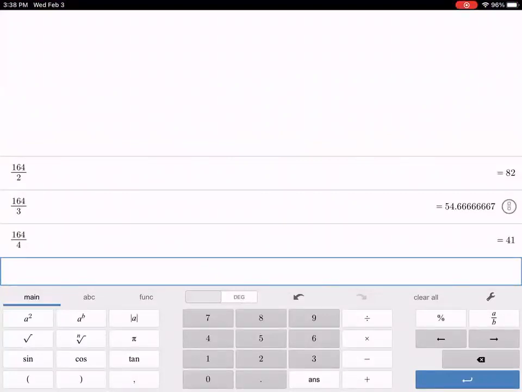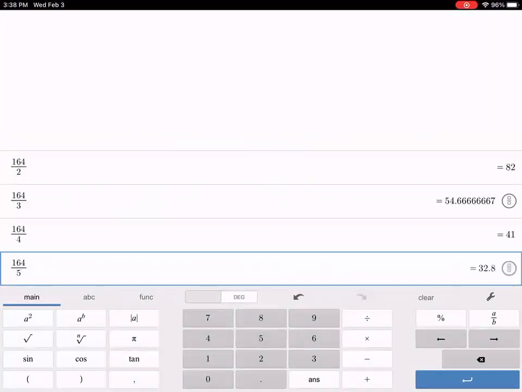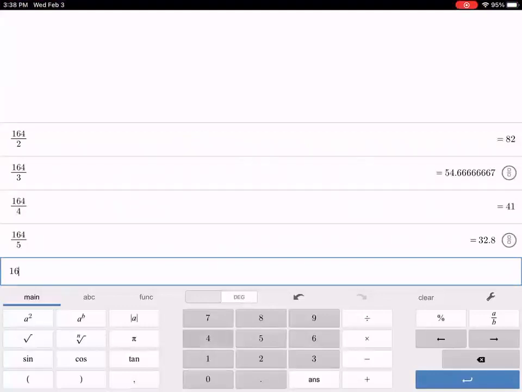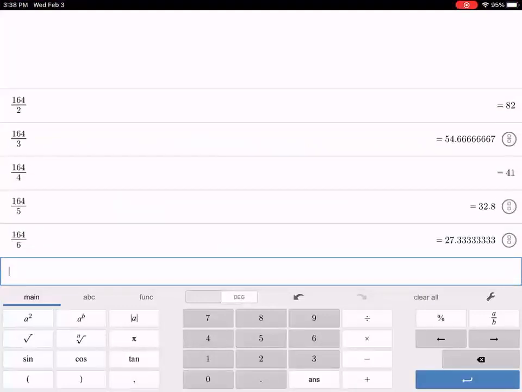I'm going to try just a few more. And if not, I'll try the 4. Divide by 5 doesn't work. 164 divide by 6. Still a decimal. So I'm going to go ahead and go with the 4.